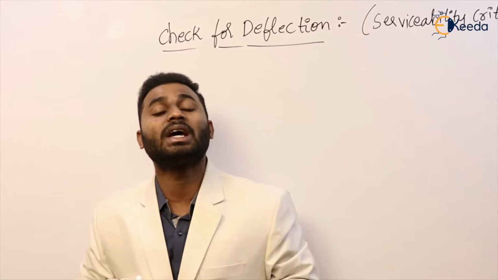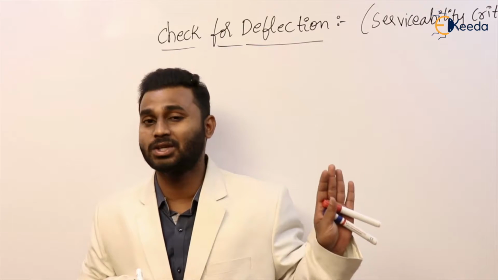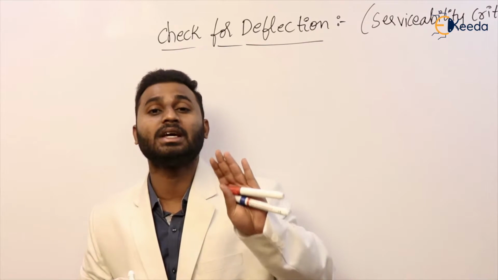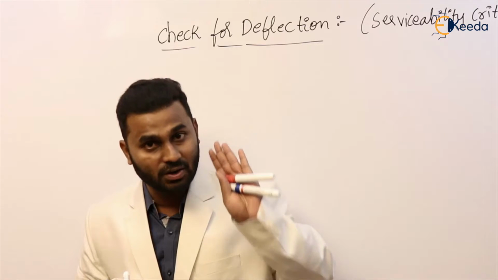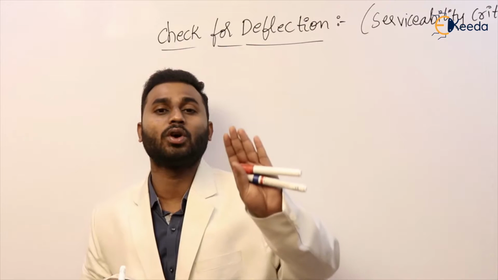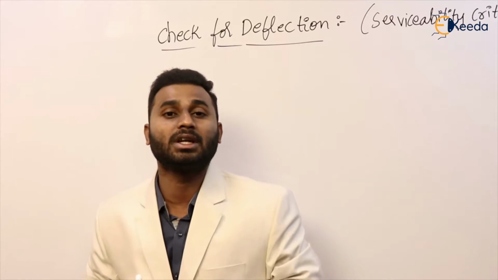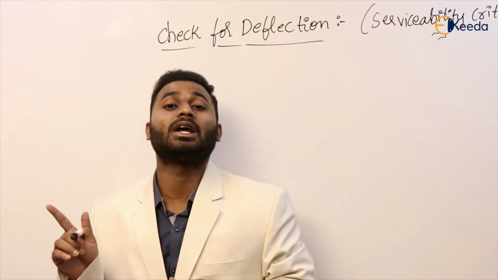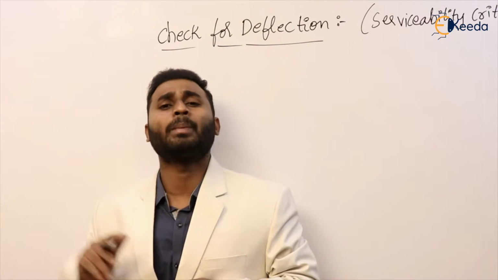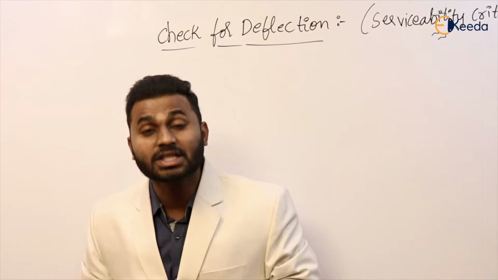Now the IS code has given some standard values, just like we discussed the slenderness ratio values. Likewise, here there are maximum permissible deflection values. Whatever deflections are produced in the structure because of the external applied load should be less than or equal to the permissible deflections given by the code.